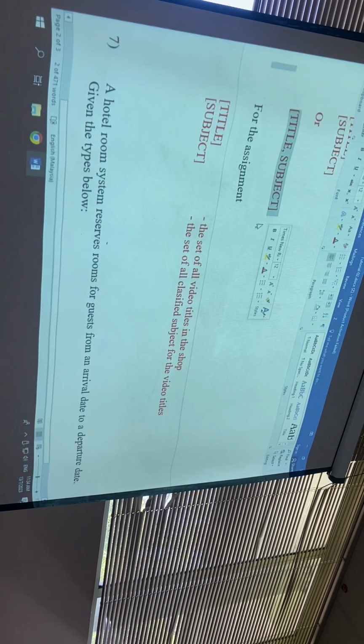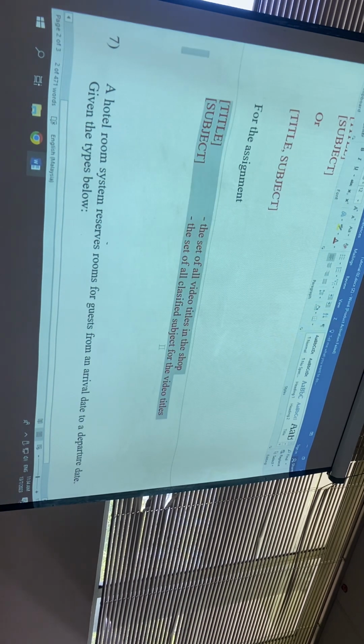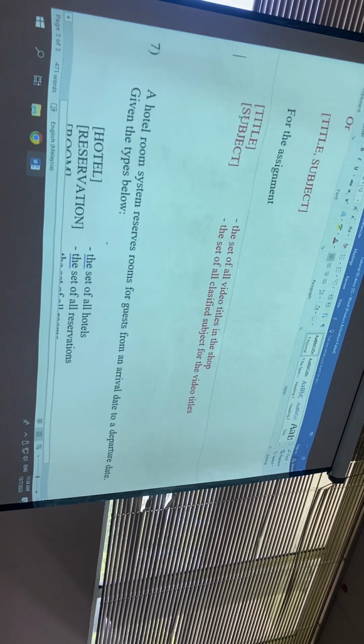But for the assignment purpose, I want you to do something like this. Just remember for the basic type, singular word, all capital, you put inside the square brackets, and then no digit, no underscore, none of those symbols, and same thing for this one, singular word and so on.